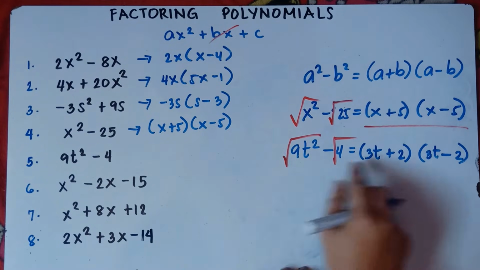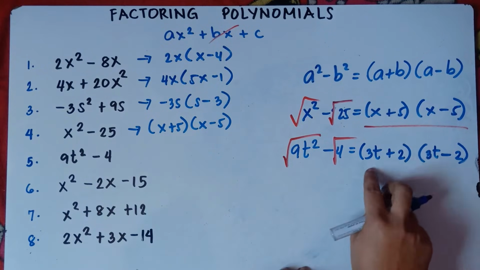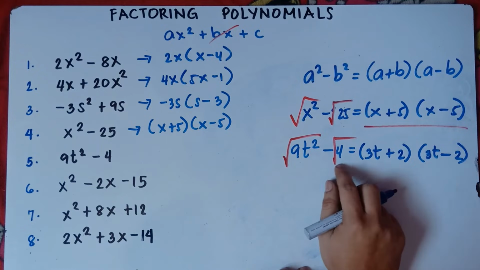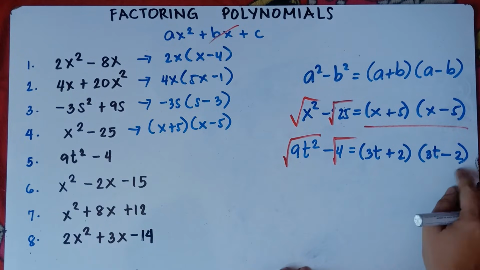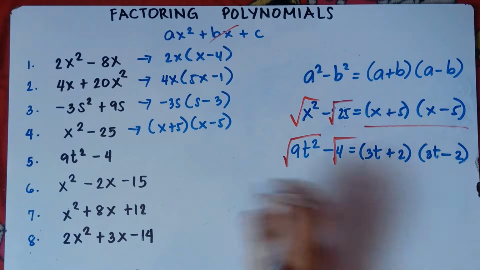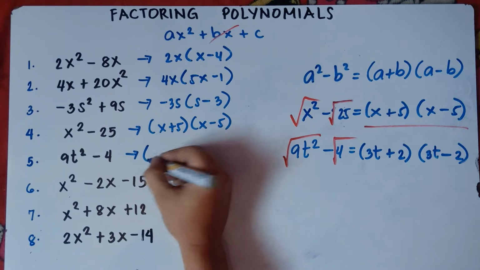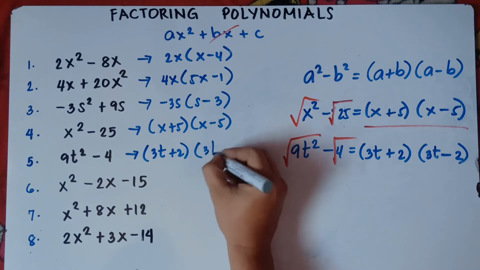So you put two 3t's, and then the square root of 4 is 2. You put 2 on the left and also on the right of this quantity. And then positive, negative. That's it, class. That's the answer for number 5. Easy, right? For number 5 and 4. So 3t plus 2. The other one is 3t minus 2.